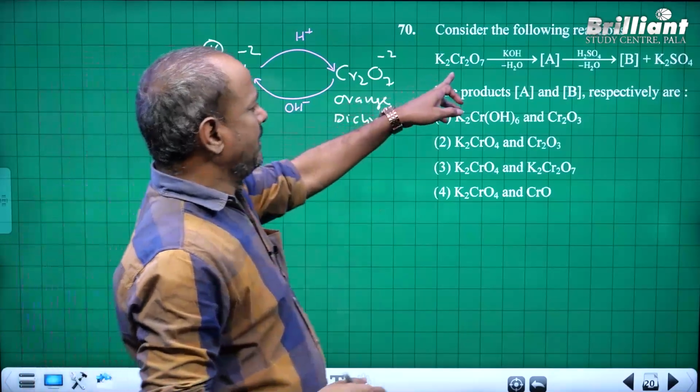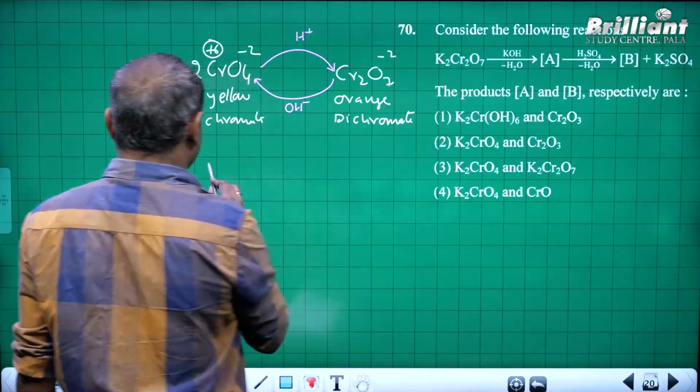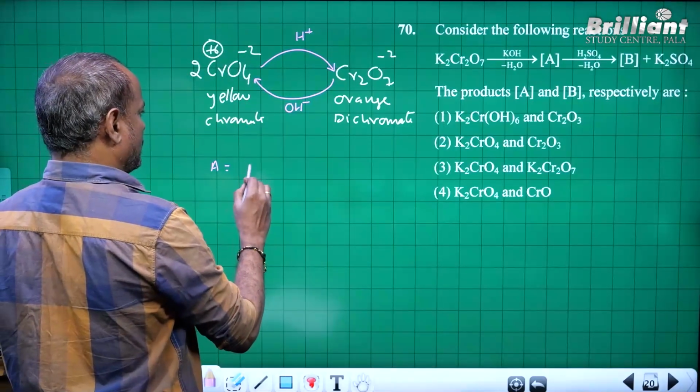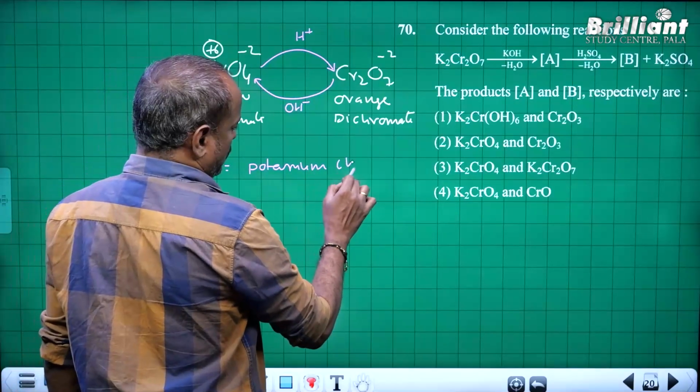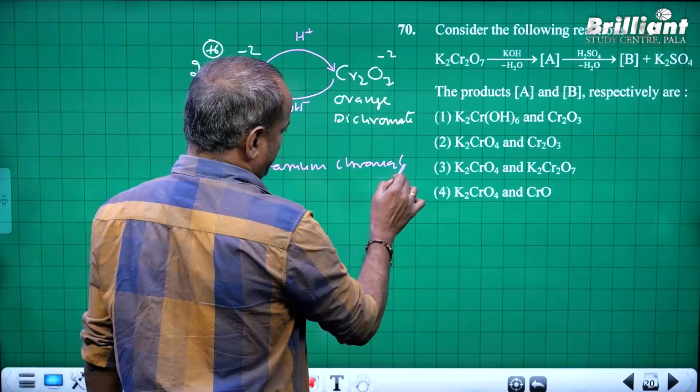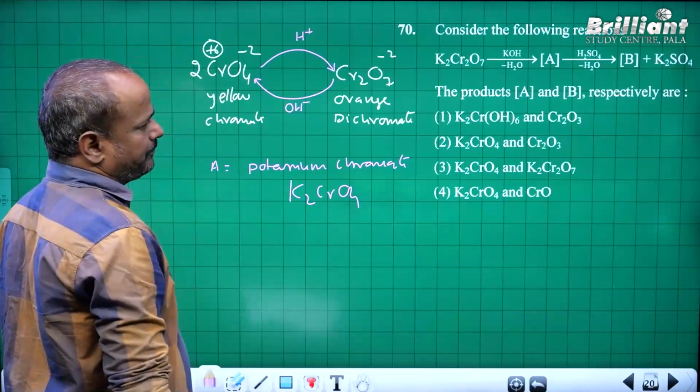So here dichromate in basic medium converts into chromate. So A is potassium chromate, K2CrO4, color yellow.